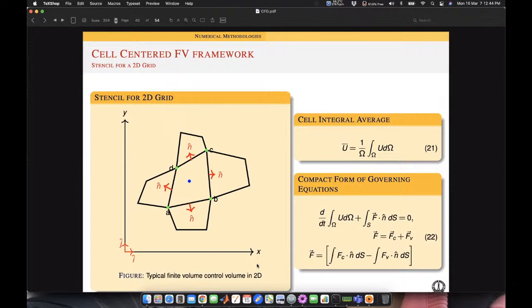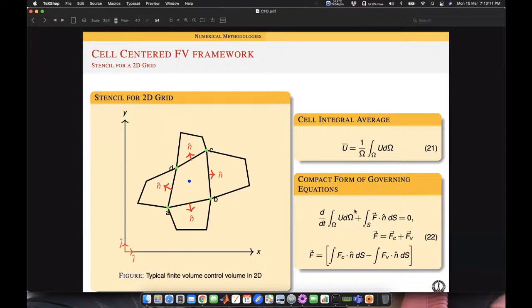So you calculate fluxes on the interfaces, add those fluxes, and evaluate the time variation of that quantity inside the control volume. This part would be a little bit advanced for the newcomers. You should bear with me for some time, because we are going into a little bit of detail of what finite volume method is.